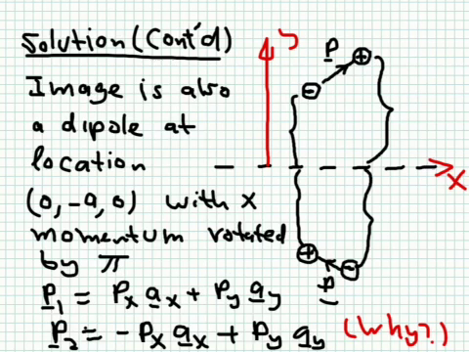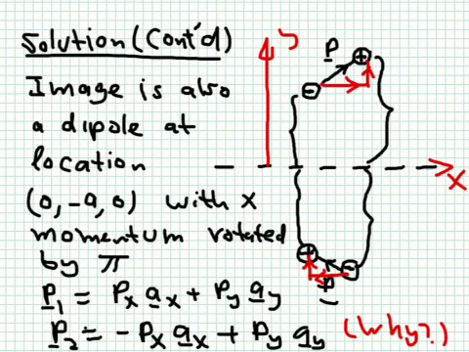If you project this vector, it will give you two components, positive x and positive y. But if you project this one, it will give you negative x and positive y. And this negative x vector has a negative sign relative to that one. So the result of this image is that the x component of the moment was rotated by pi. It was multiplied by a negative sign.